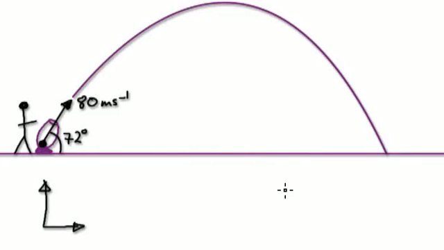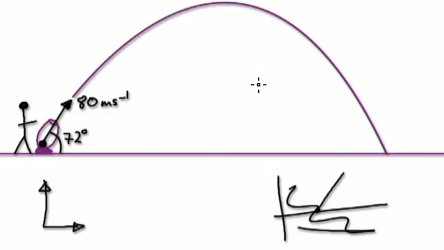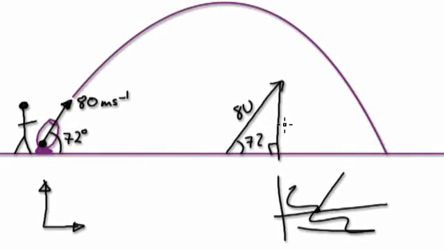So you break up this diagonal into the vertical component and the horizontal component. So when you have something that's at an angle, let's say you fire something at a speed of 80 at an angle of 72. Use your trigonometry to work out the vertical component, which is the same as this length here. So this here would be a sine.